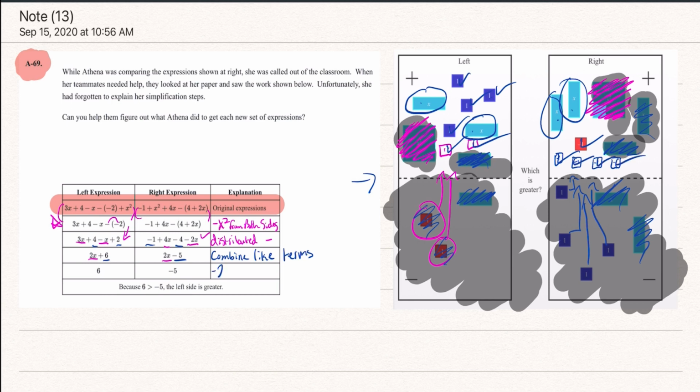The left expression has a value of 6. The right expression has a value of negative 5, so we would say that because 6 is greater than negative 5, the left expression is greater than the right.